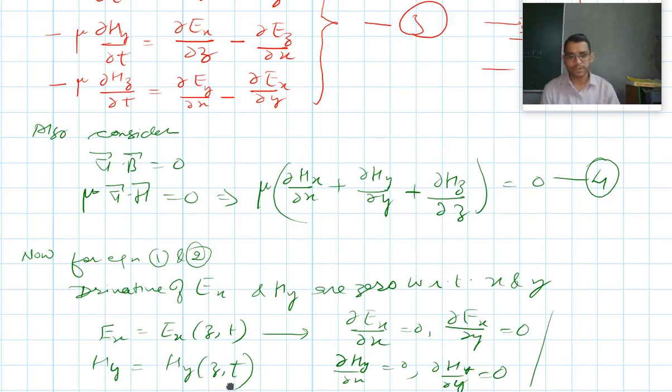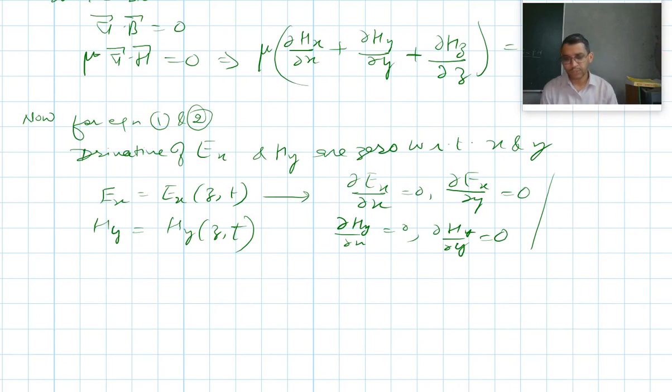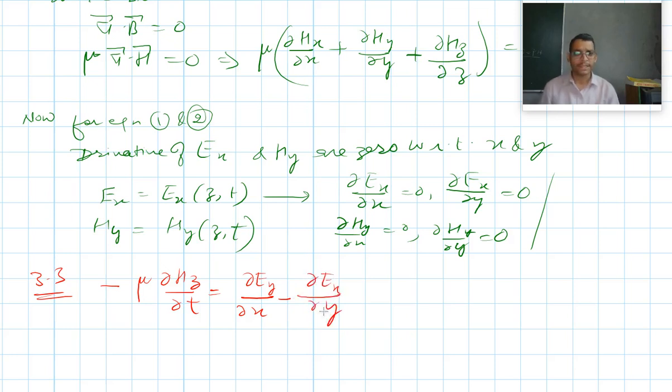So if I put their values in equation 3.3, from equation 3.3 I can write down minus mu curly Hz over curly t, which we have written as curly Ey over curly x minus curly Ex over curly y.